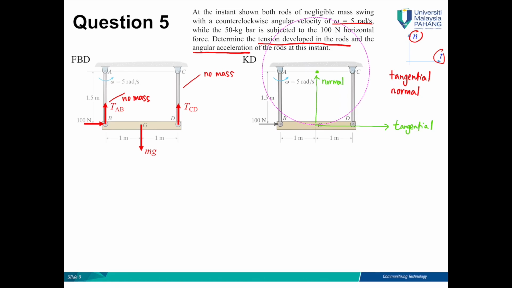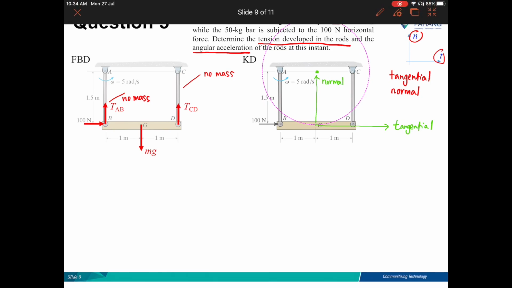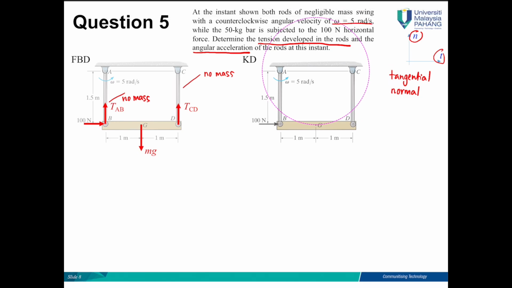I'm going to remove this first. We know that there is motion in the tangential axis, as well as motion in the normal axis, because in the end the bar is moving in this direction.